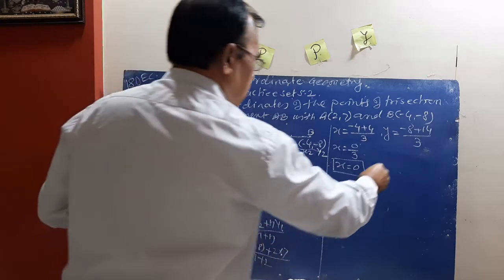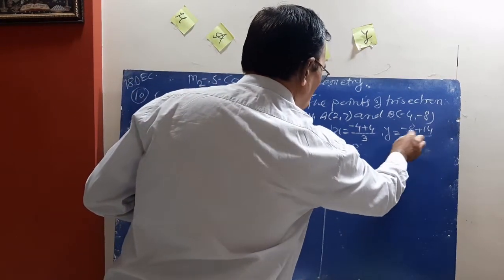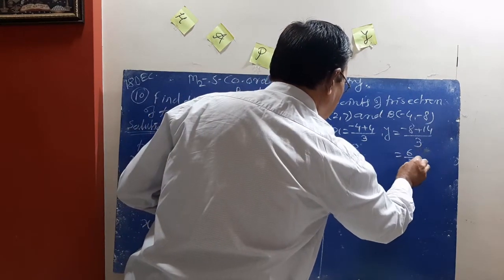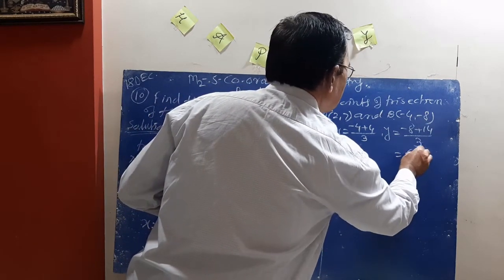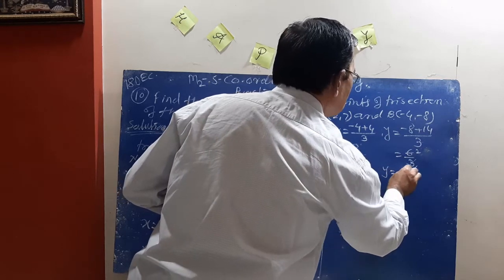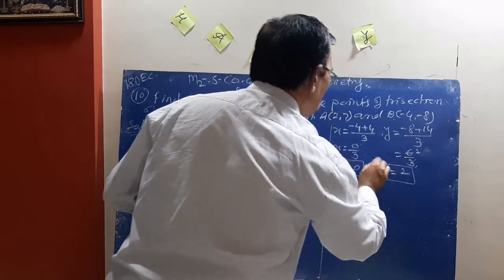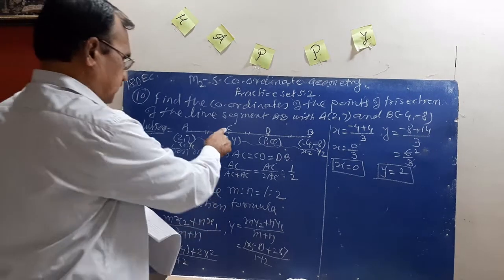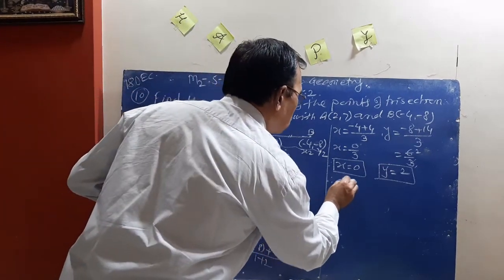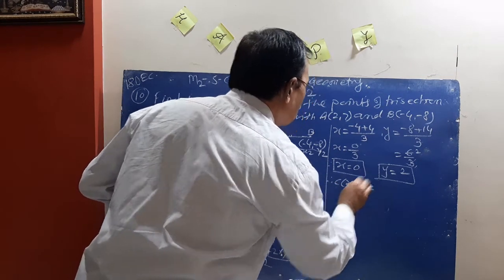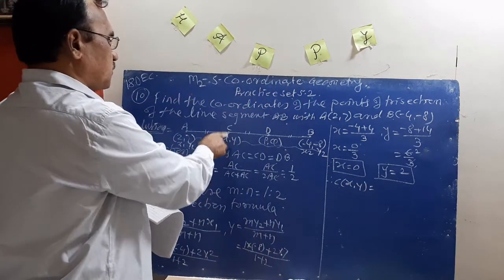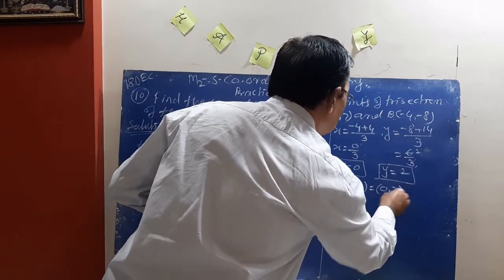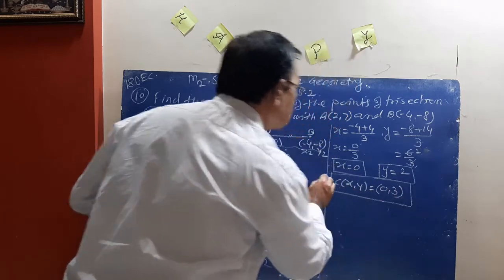That means 14 minus 8, that is 6, divided by 3. 3 ones are 3, 3 twos are 6, means y is equal to 2. Therefore, the coordinates of the first trisection point C (x, y) are (0, 2). This is our first answer.